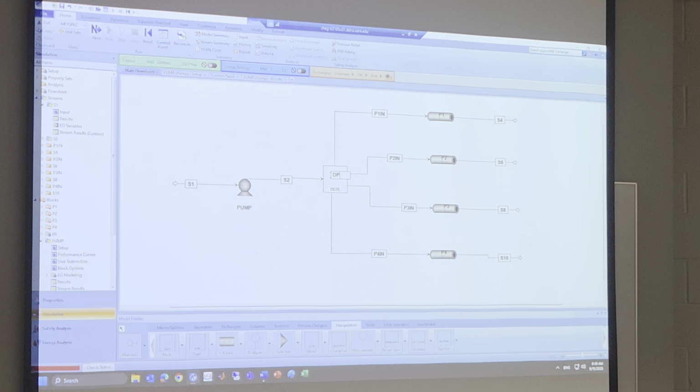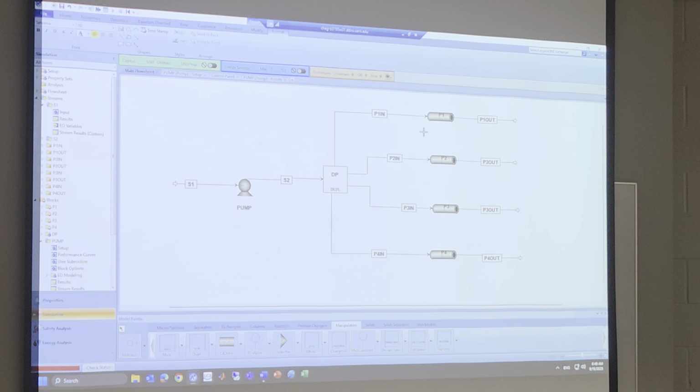This is the duplicator. Then the outputs: P1 out, P2 out, P3 out, P4 out.